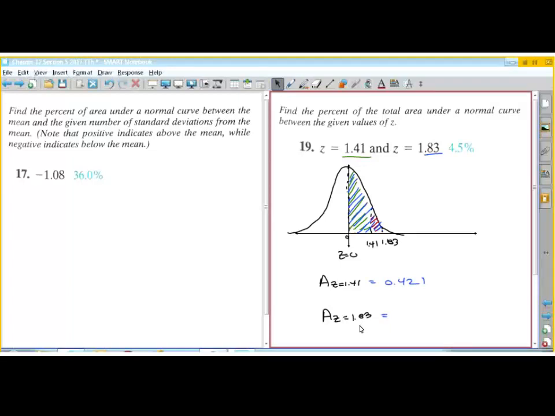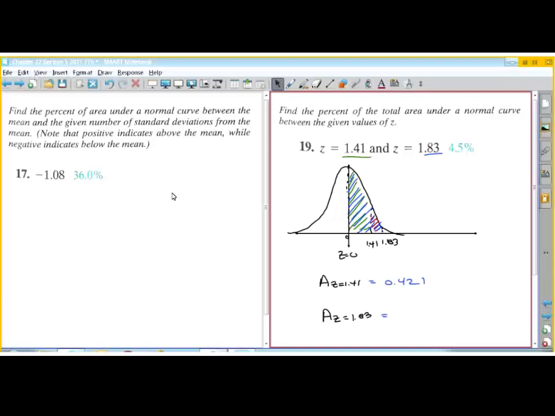So let's ask who else is online today. So Adriana, what is the area associated with the z of 1.83? You don't have your book. Okay, let me show you the table.